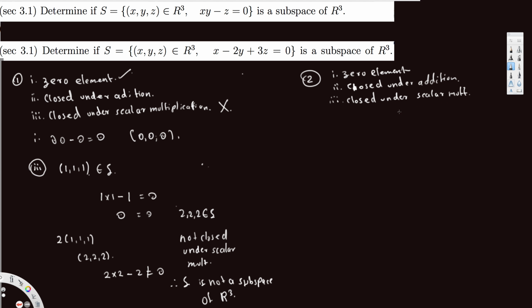So let's see whether it is true for this one. First of all, if I substitute 0, I am getting 0 minus 2 times 0 plus 3 times 0, equal to 0. So that satisfies the first condition. We have a zero element.